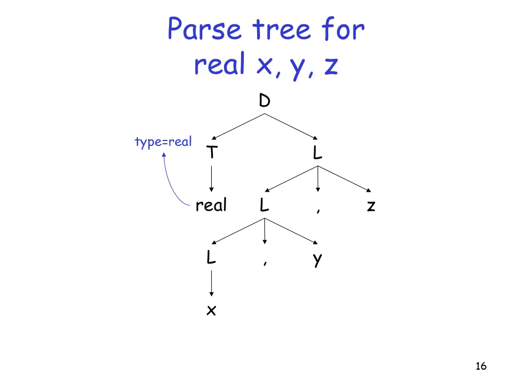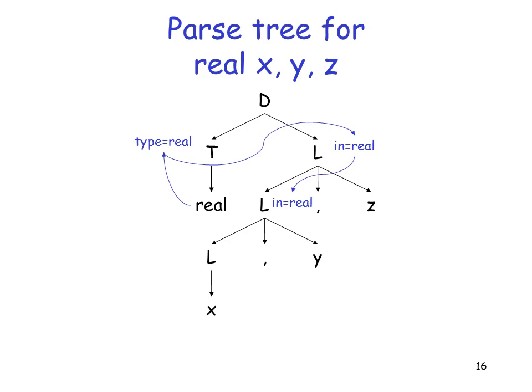So D gives TL, the leftmost one, T gives real, will be evaluated first. It is a synthesized attribute. Then in D gives TL, the L is an inherited attribute, it is getting its value from the type. So L.in is equal to T.type. The T.type is having real, so it will be copied to L.